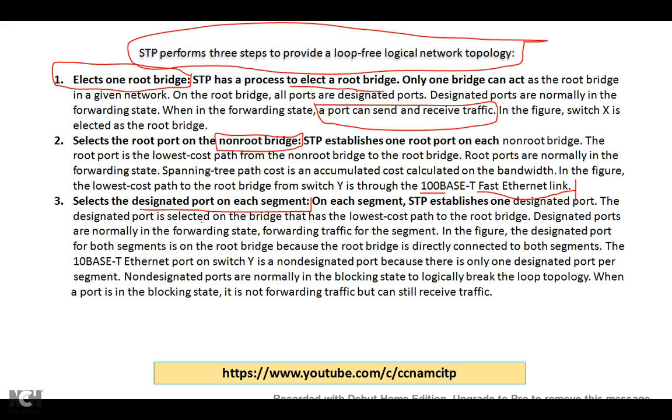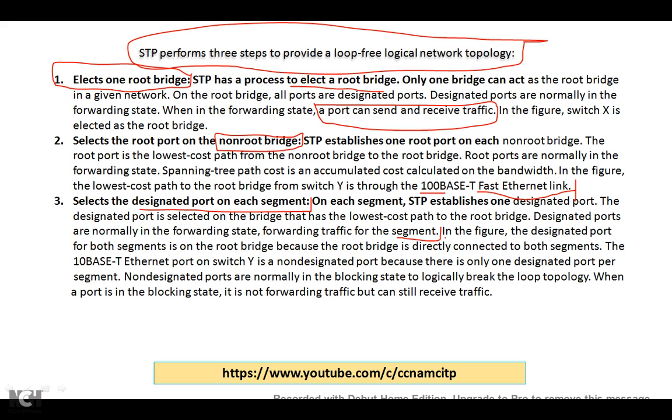The designated port is selected on the bridge that has the lowest cost path to the root bridge. The designated port is normally in the forwarding state, forwarding traffic for the segment.